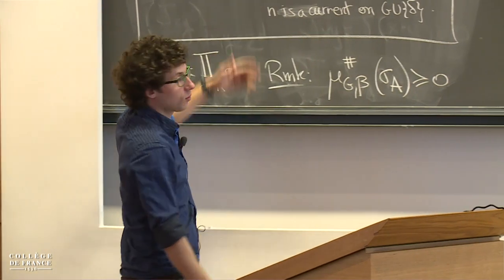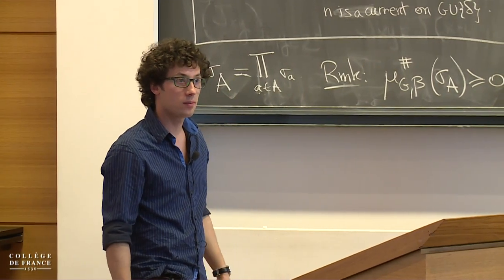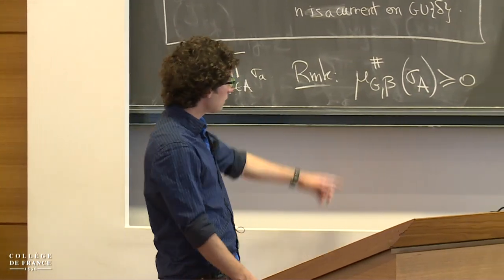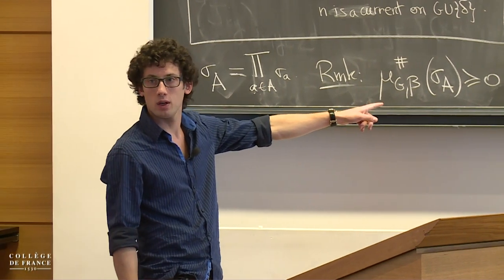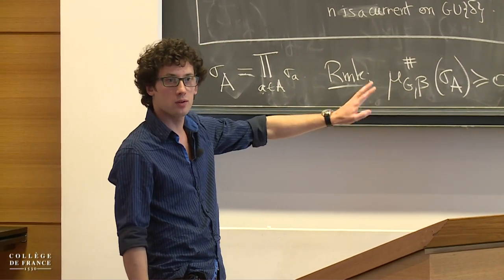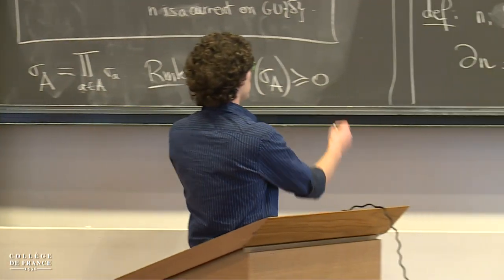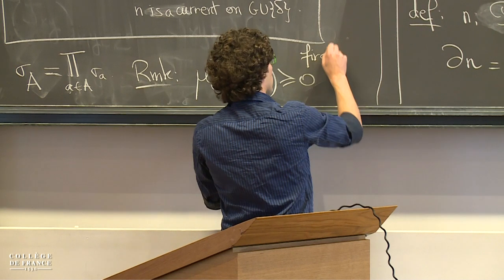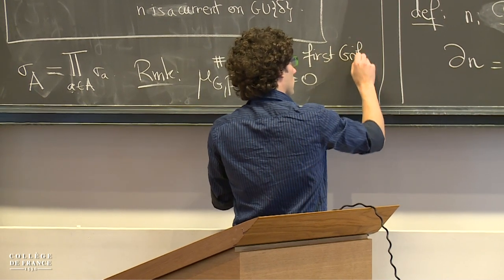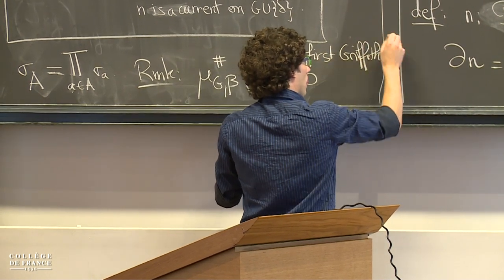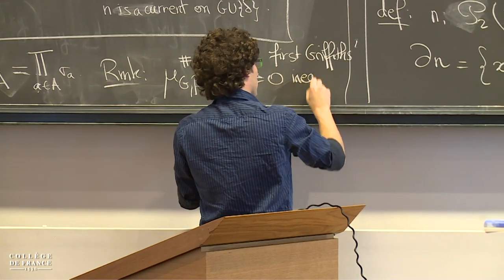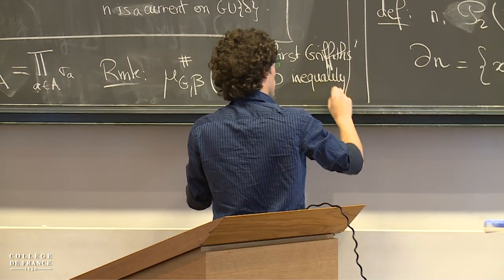Well, yes, because it's the ratio of two positive quantities. Right? Well, this is not trivial to prove directly. If you try to do it really by hand, it's not obvious at all, in fact. So this is called the first Griffiths inequality. We are going to see another one in a minute.